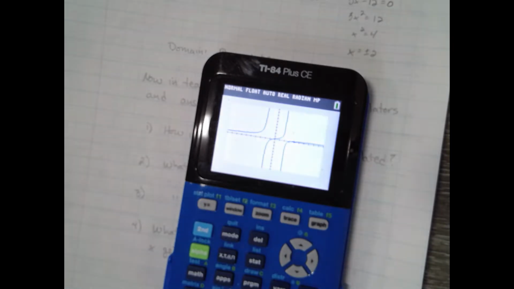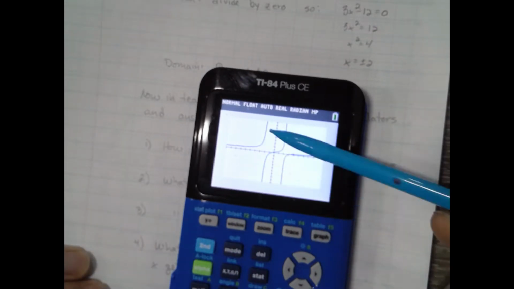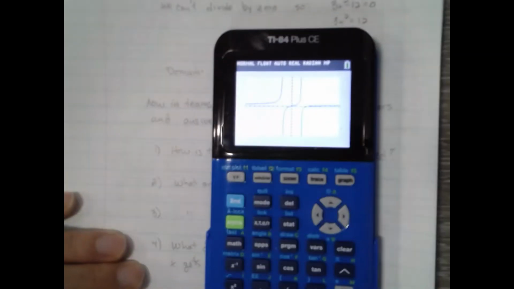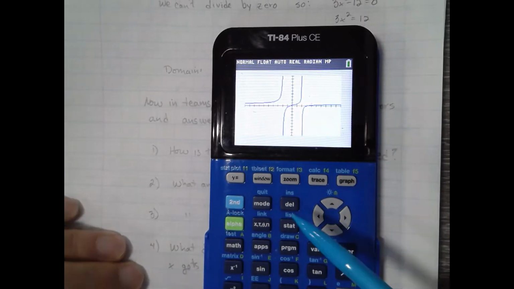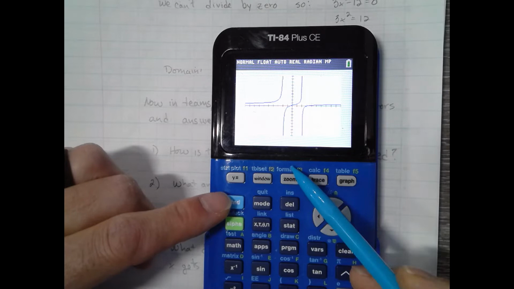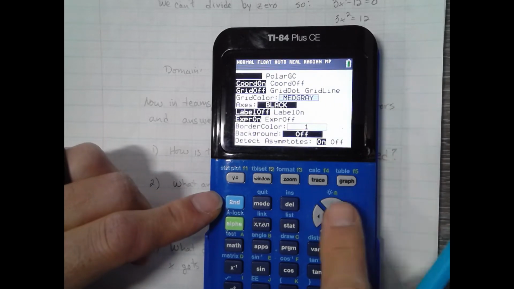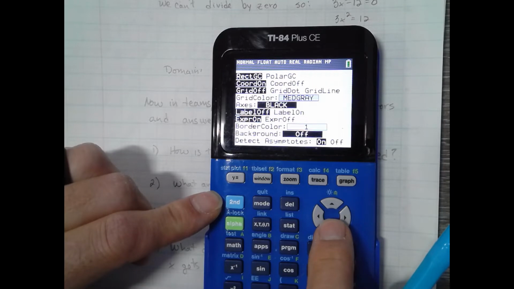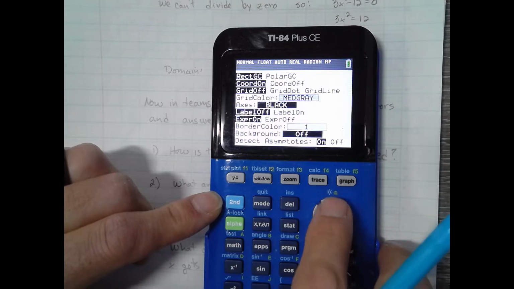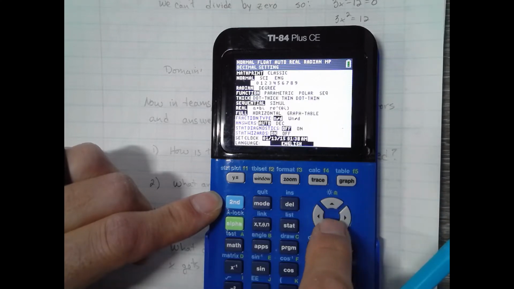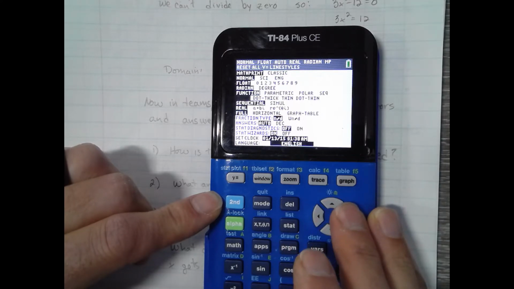If you have a calculator that has these lines connecting them like this, one thing you can do is go to mode, and I could go to dot mode.